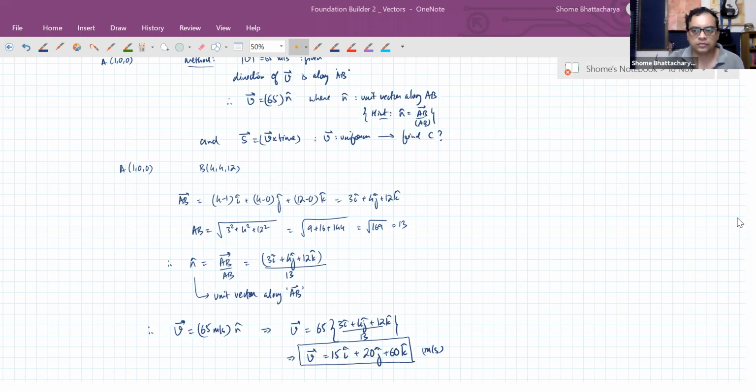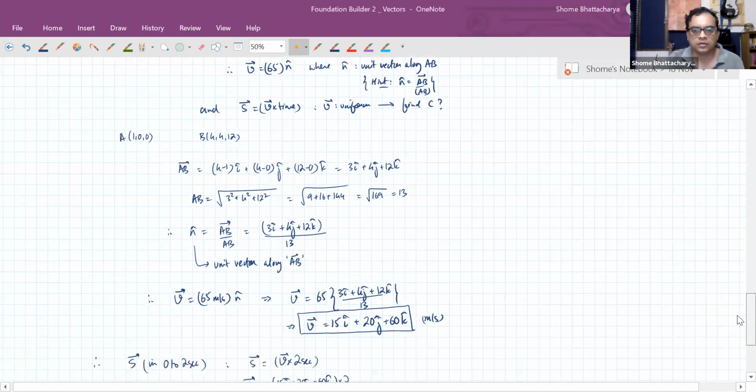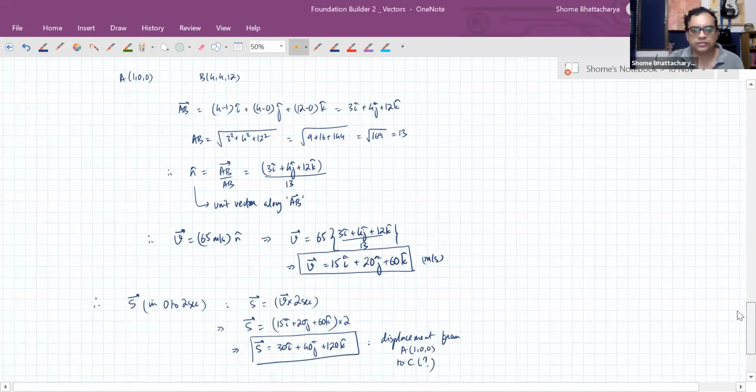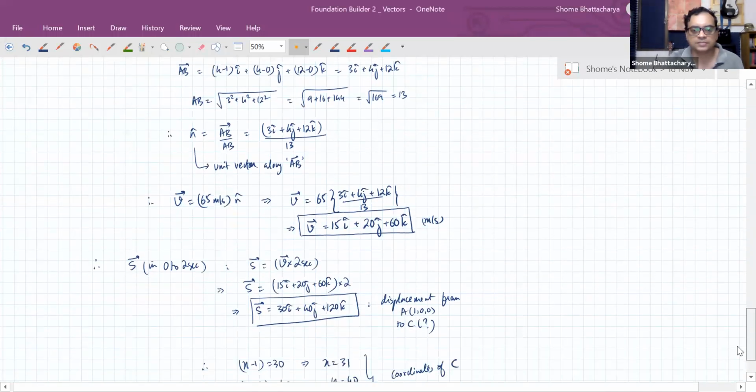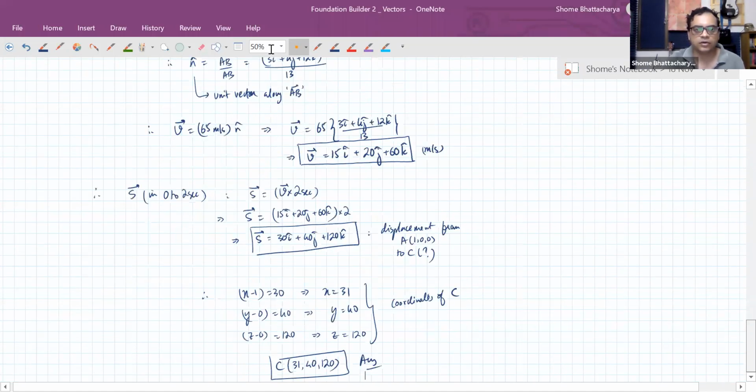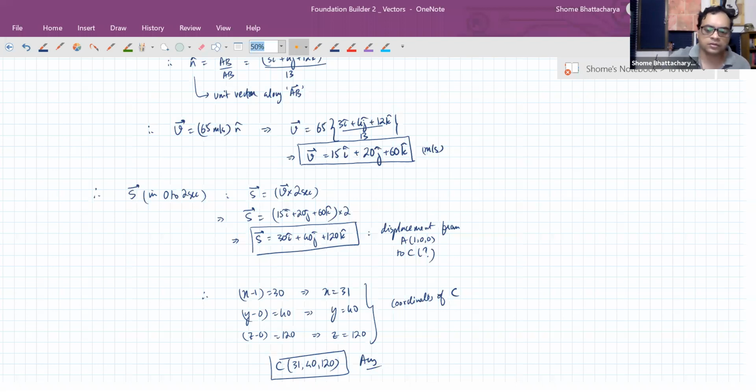Okay, so once you got the velocity vector, the next thing you calculate is the displacement, and from the displacement you calculate finally the coordinates of the point C.